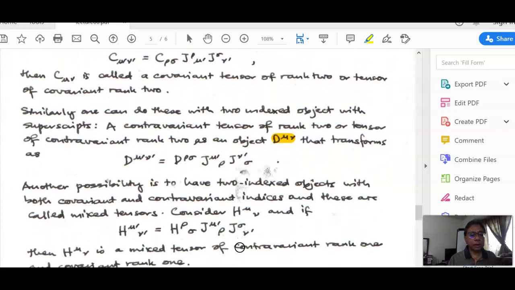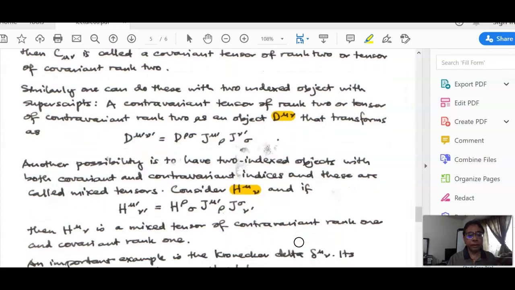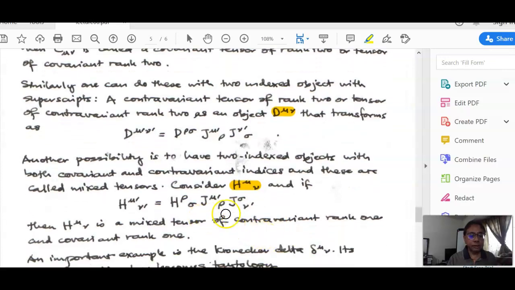One can even mix the indices. For example, here is a different kind of tensor with one index on top and one index at the bottom, and we call this a mixed tensor of covariant rank 1 and contravariant rank 1. The transformation law just follows according to the indices.